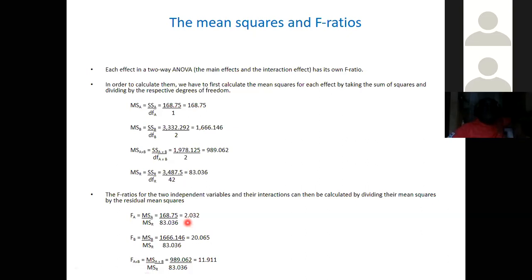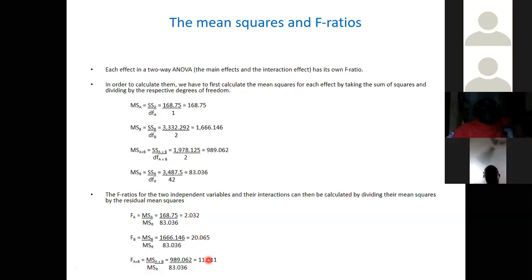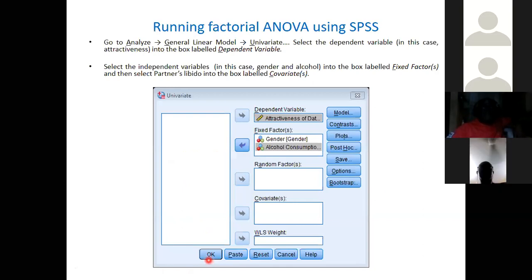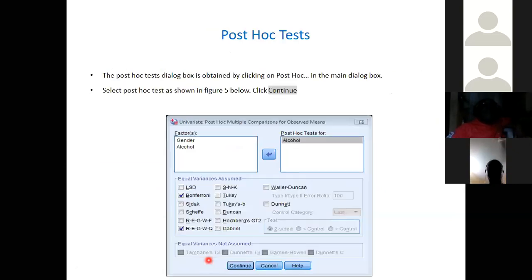If you go and look at the F distribution table with the corresponding degrees of freedom, you will notice that the first one is not significant, 2.032. It will be lower than the critical value. But the other 2, the main effect of alcohol and the interaction of alcohol and gender, are very significant. This is the step to run it. I want to run it in SPSS, and the result is here.